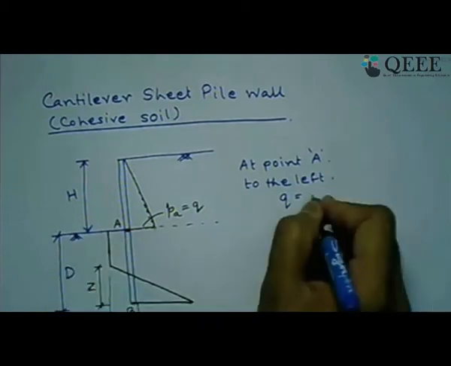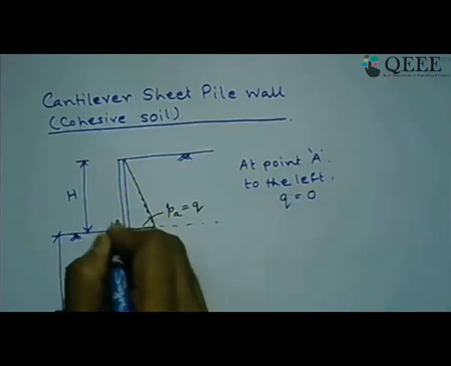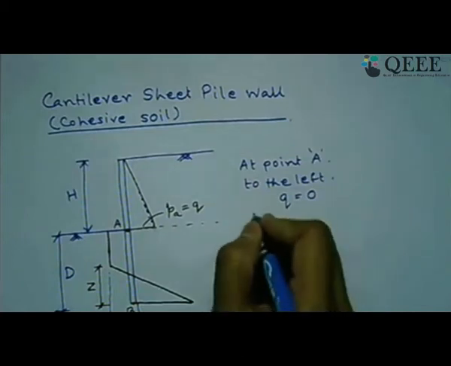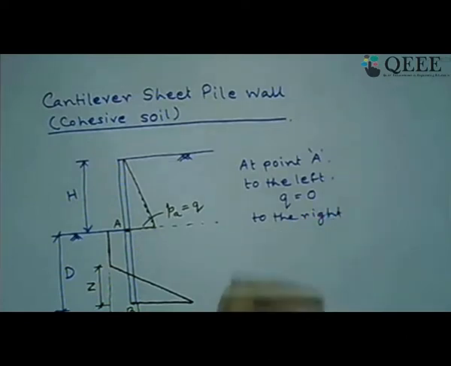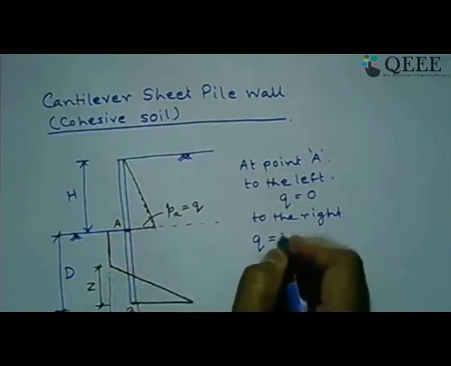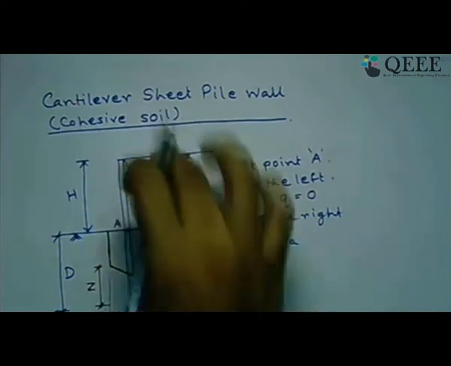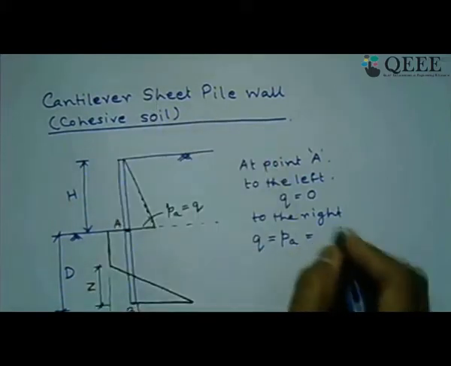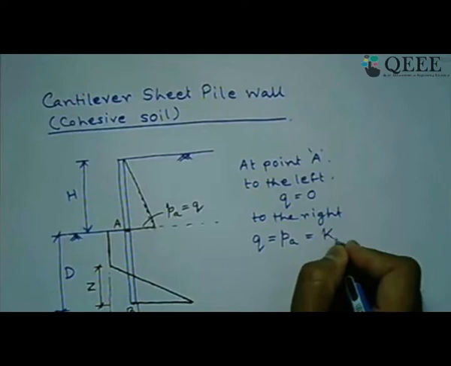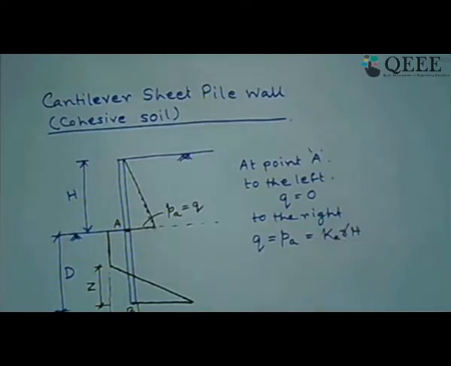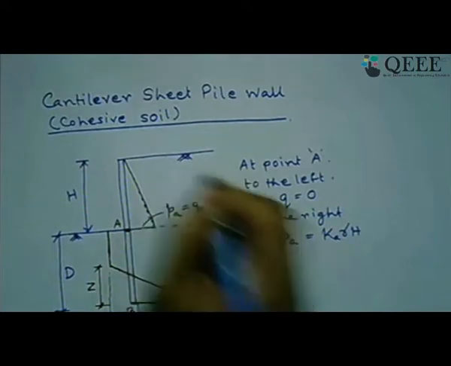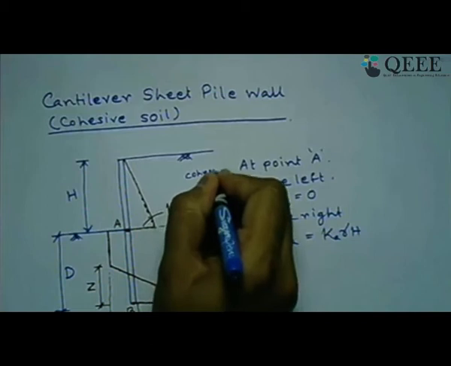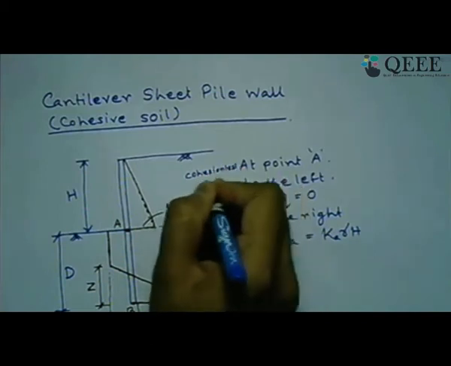At this side of point A it is 0 because this is the upper boundary of the dredge line. Whereas to the right side of this point A, what do we get? This Q is nothing but this PA, whatever you get from this upper layer, which is nothing but, let us say, Ka gamma H. So we are considering that below this line it is a cohesive soil, and here we have taken cohesionless soil or c-phi soil.